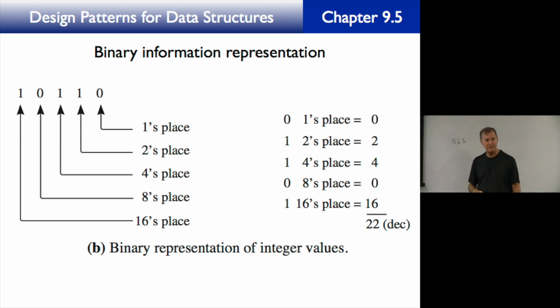Are you with me? In computer systems we learn how to do the conversions and how negative numbers are stored, and in computer organization we learn how floating point numbers are stored. We don't need to know all of that. All we need to know here is that integers are stored in binary like this.